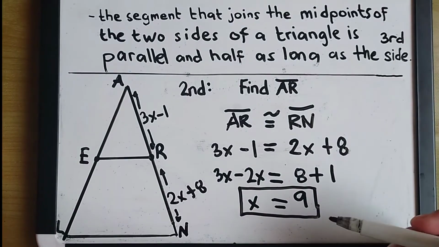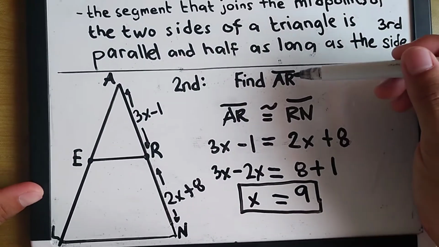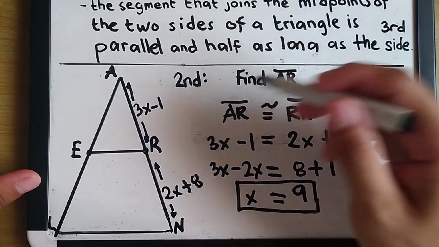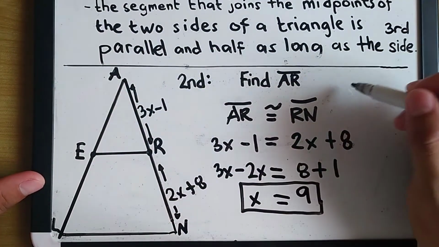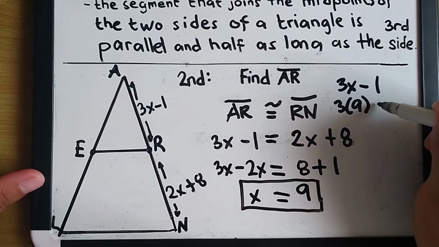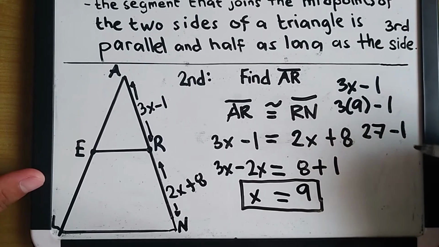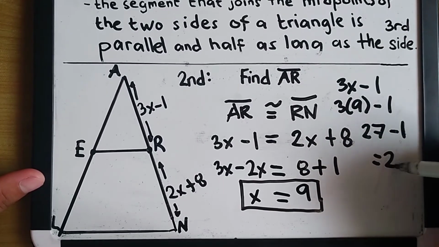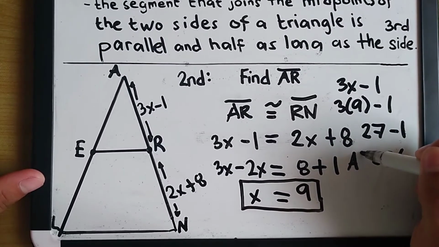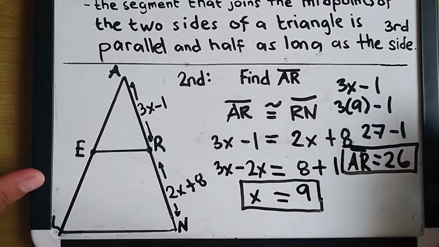Now we can substitute the value of x, which is 9, into the given measure of AR. AR is equal to 3x minus 1. So 3 times 9 is equal to 27. And 27 minus 1 is equal to 26. So side AR is equal to 26.